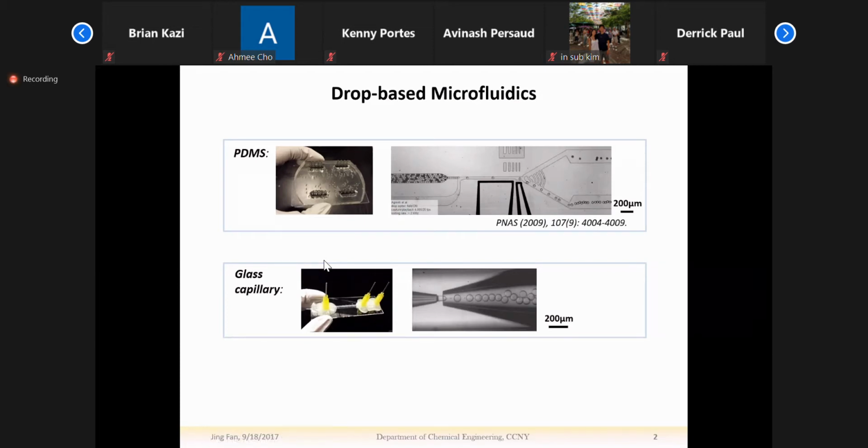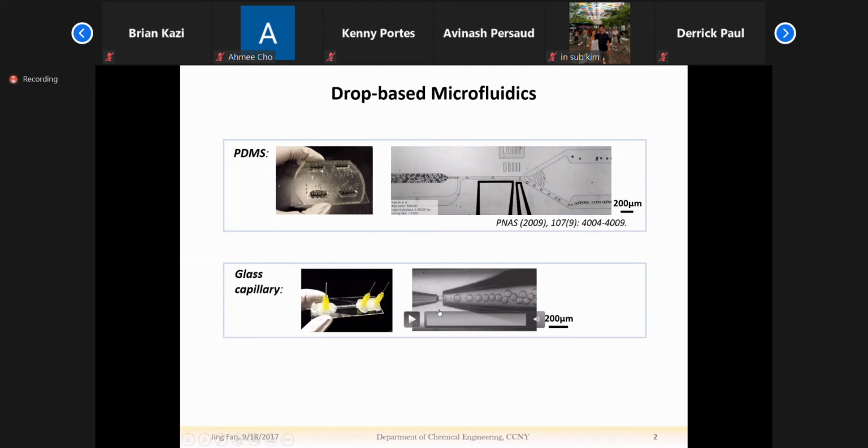You basically buy commercially available glass capillaries, then you use a machine, a so-called capillary puller, to pull the capillary to have a tapered shape like this. Then you may need to use sandpaper to sand the tip a little bit to make it flat, or to the desired radius that you want.